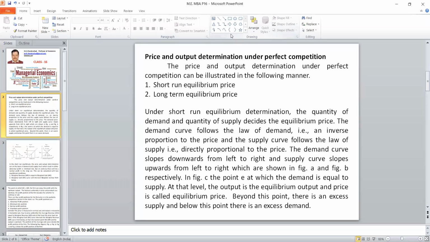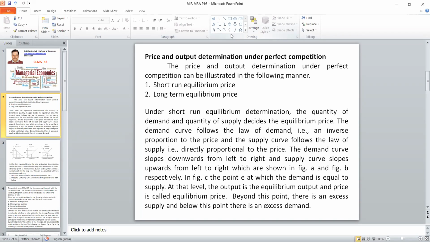In the short run, we have to study the demand curve and the supply curve. The intersection of these two is called equilibrium. At that equilibrium level, we find the price on the vertical axis and output on the horizontal axis. Under the short run, the quantity of demand and the quantity of supply will decide the equilibrium price.